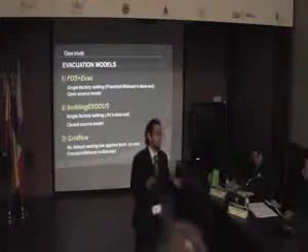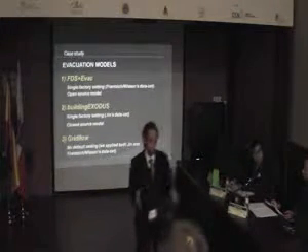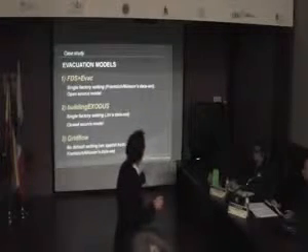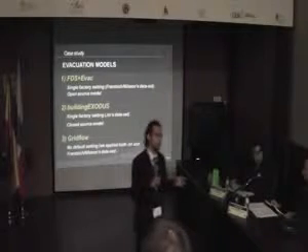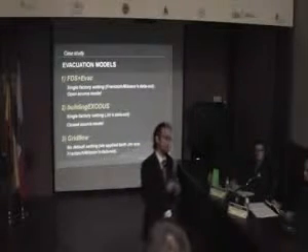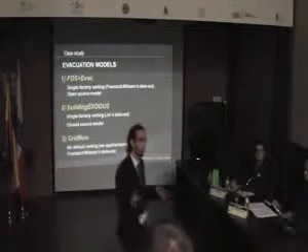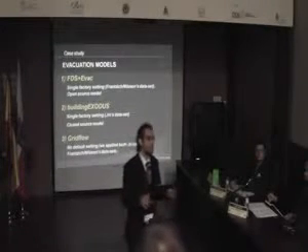So after having described the data sets that we have at the state of the art, we tested different models that use these data sets in different ways, belonging to the three categories we were discussing before.